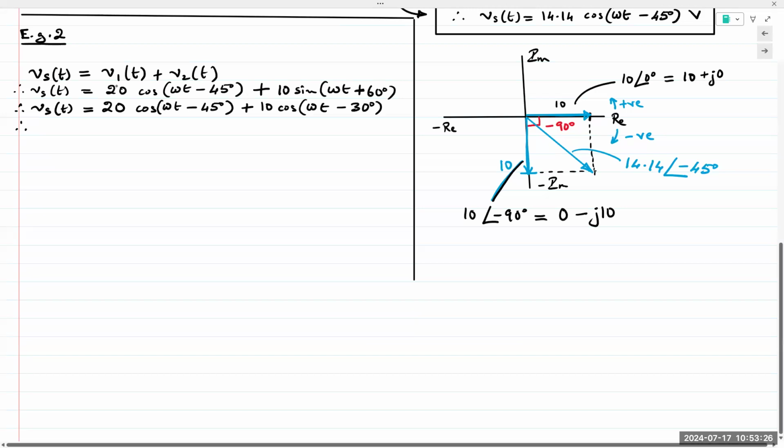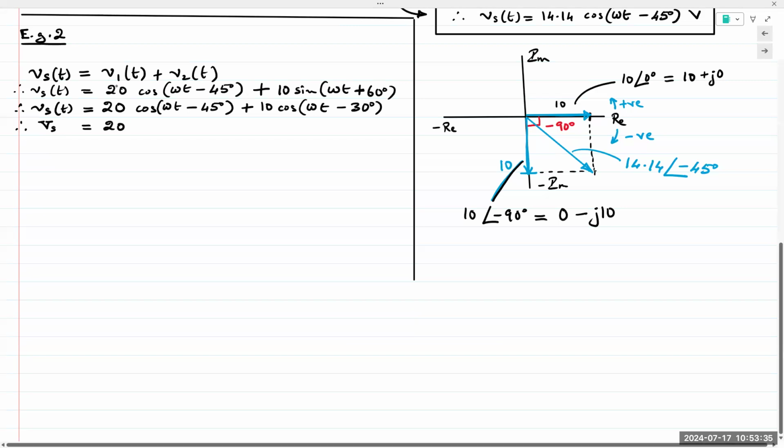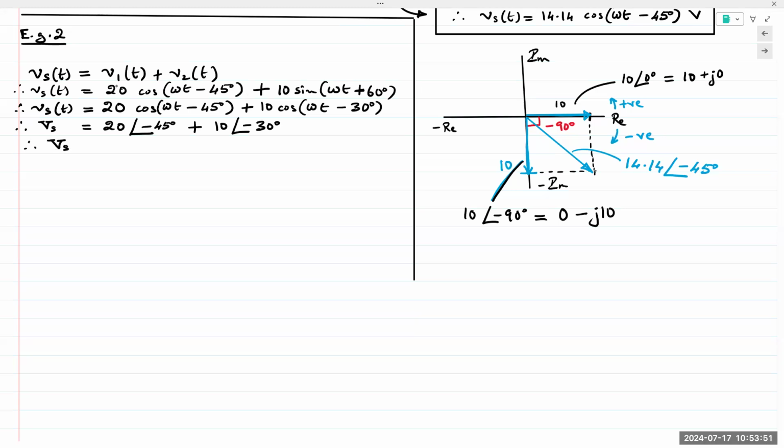Then convert it into phasor form. Vs is equal to magnitude of 20 with a phase angle of minus 45, plus magnitude of 10 with a phase angle of minus 30. Now, again, you can perform this directly in your calculators or convert it into rectangular coordinates.